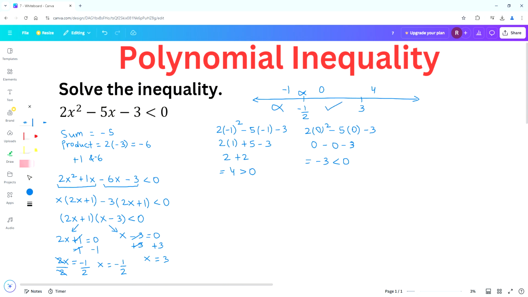x equals 3 should not be part of the solution because at x equals 3, the quadratic expression becomes equal to 0, and as per the given inequality, the solution should be x values for which the quadratic expression is less than 0. So x equals 3 is not part of the solution. Next, we can use the test value 4. We should sub in x as 4.